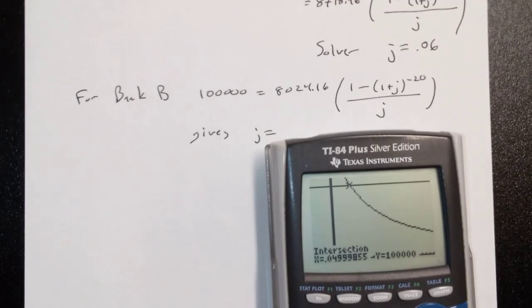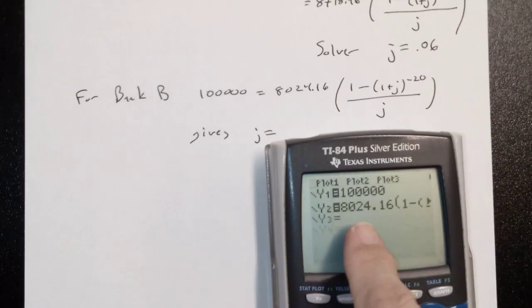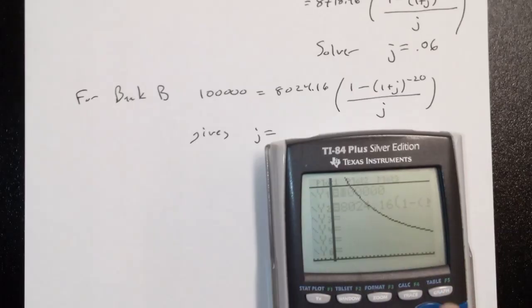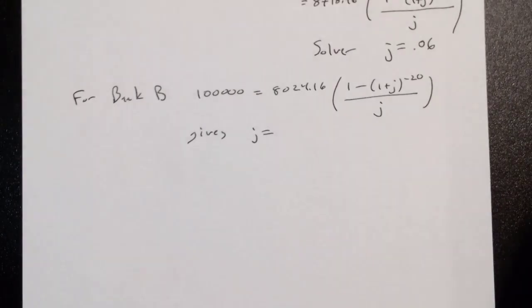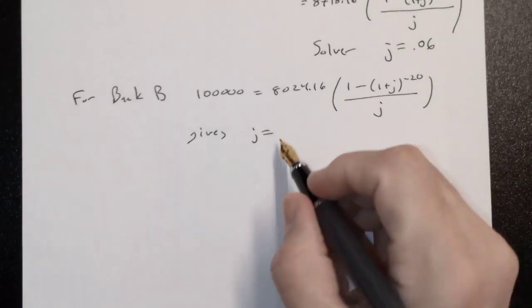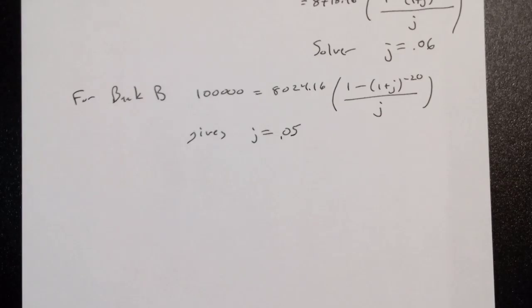The only change is the amount from 8,700 to 8,024, and when I just put that in, I get 5%. But that was kind of obvious. I was getting more money on the exact same terms from the first bank. It should have a higher interest rate. I was getting less money from the second bank. It should have a lower one.